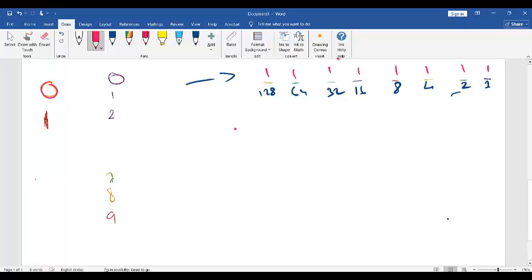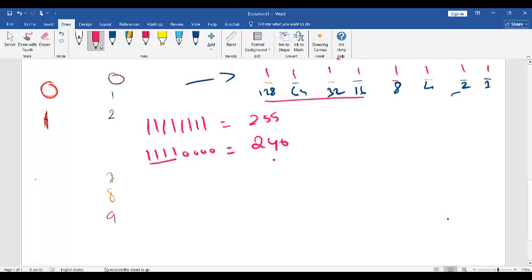If all are 1, 255. If I have 1, 1, 1, 1, 0, 0, 0, 0, what is the value? I need to add these 4 bits, because those 4 bits have got 1, which is 240.